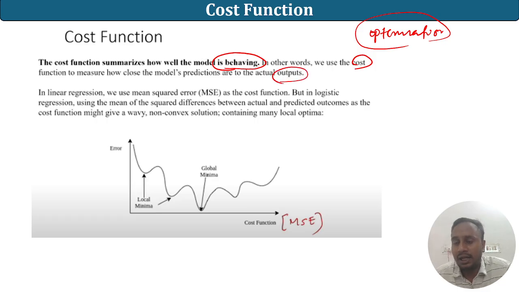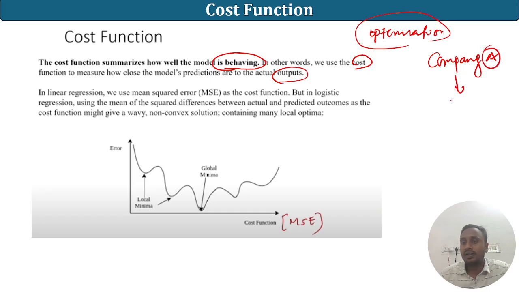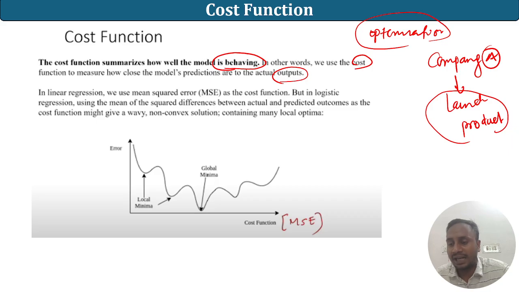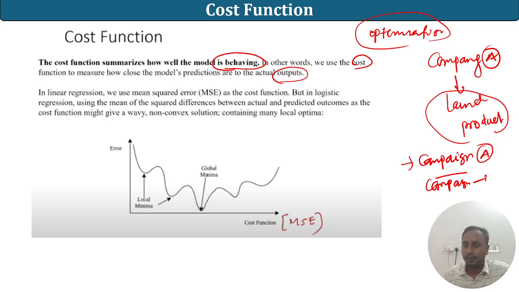Let's say I have a company, Company A. They have launched a product, and they did some campaigning: campaign A, campaign B or C. If you influence the cost function, or take some parameter we are feeding into a variable, it tells how close our target is to being achieved. It's some input we are giving so that we get the predictions or output we want.